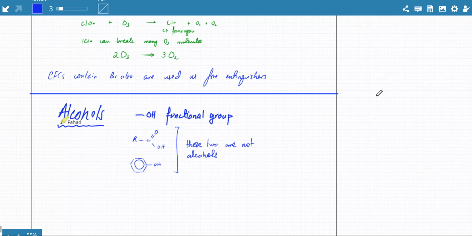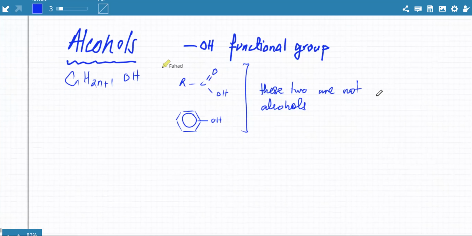It has a general formula, but most of the time complicated molecules होंगे, so this general formula would not work. But simple के लिए तो वो काम करेगा. Complicated के लिए it's not going to work because you could have multiple OH groups in a molecule.